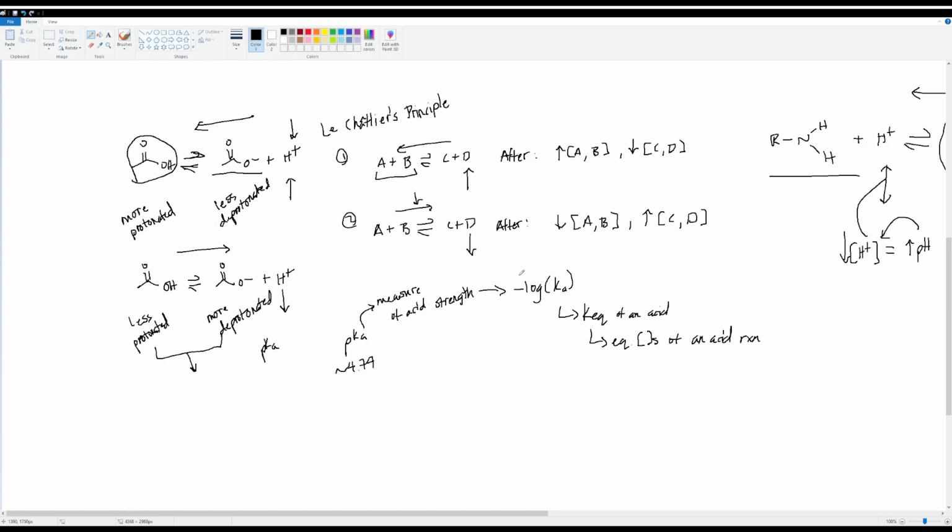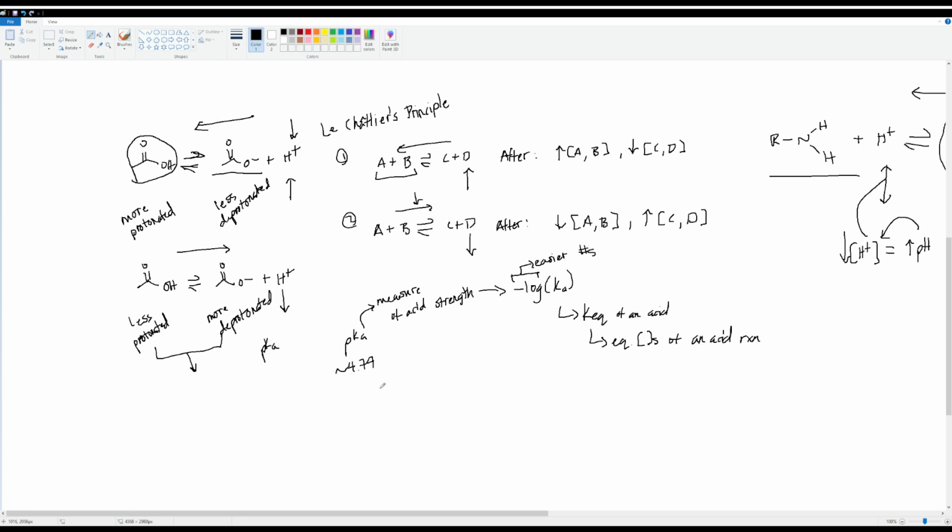We derive that from the negative log of the Ka, and we do the negative log for easier numbers. And we get the Ka. It's just a fancy term for the KEQ of an acid. And the KEQ is the measurement of the equilibrium concentrations of a given acid reaction.